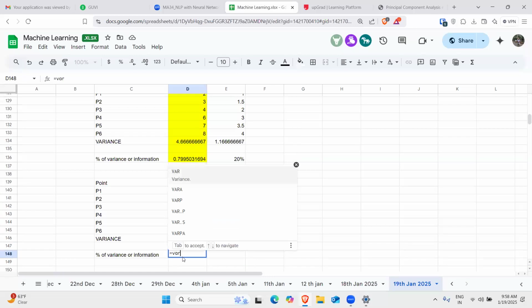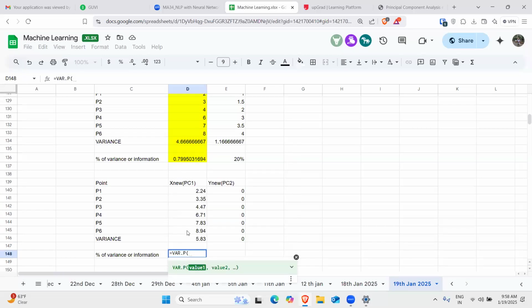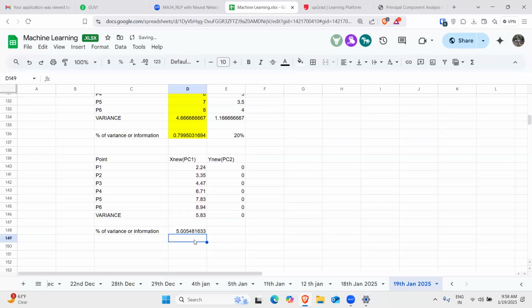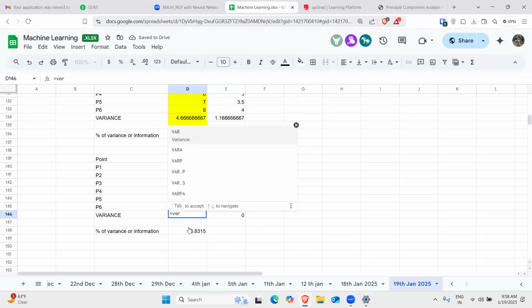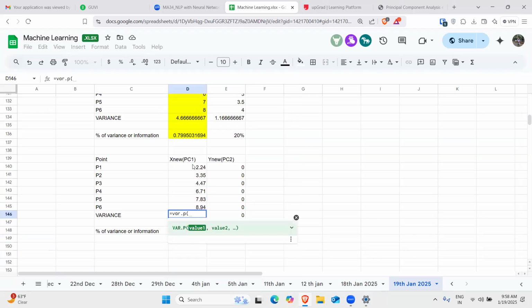Now the variance of P for this is going to be, sorry, the variance is 5.83. I have already calculated it. The variance of P for this point is 5.83, and the percentage variance is going to be 100%. Yes or no?